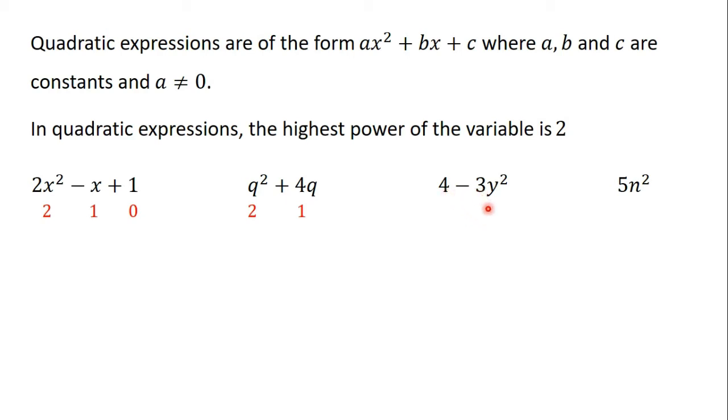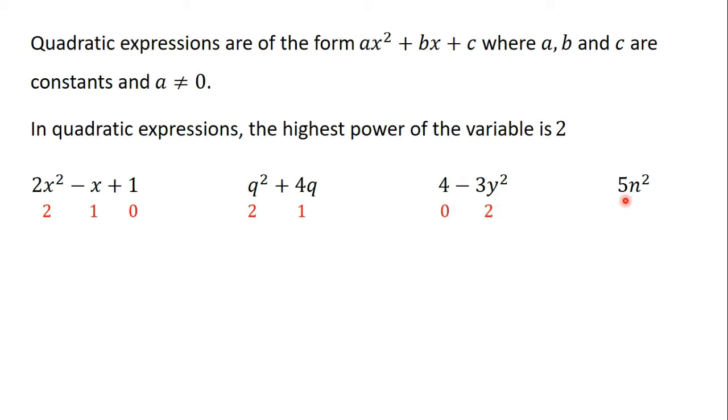It has two terms. The variable is y. 4 is a constant. It does not have a variable attached to it, which means that the power of the variable here is 0. The second term is 3y squared. The power of y here is 2. Between 0 and 2, 2 is the highest. So we can say that the highest power of the variable in this expression is 2.